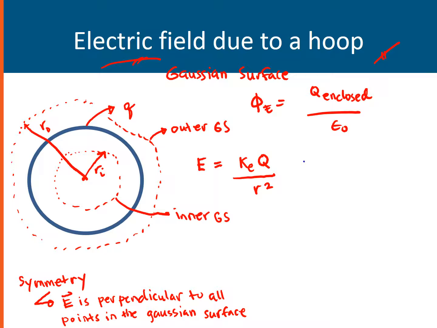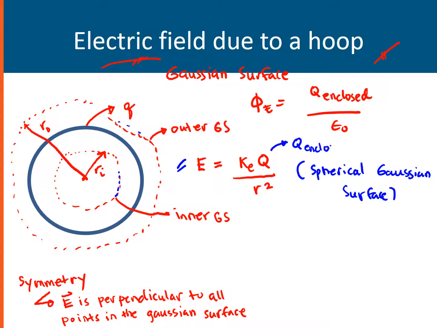Again, this is the expression for the electric field through a spherical Gaussian surface. Since both the inner and the outer Gaussian surfaces here are spherical, we could use this equation. Take note that this Q here is Q enclosed, meaning the Q that is inside the Gaussian surface, and this R here is the radius of the Gaussian surface.